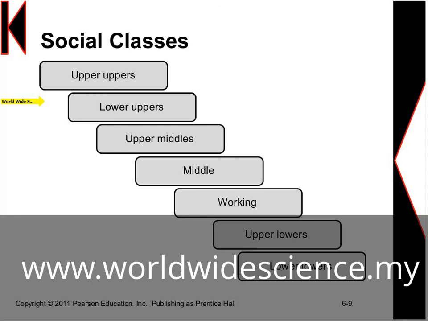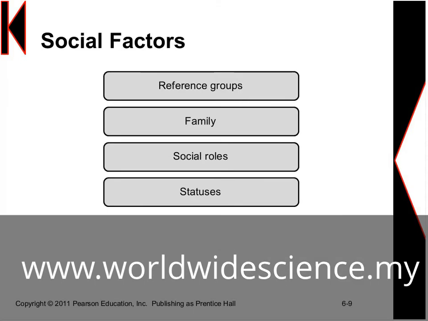In many countries there are many classes, and it affects behavior. For example, which class a customer or consumer belongs to can have an impact on this. And a very important social factor in society is reference groups.